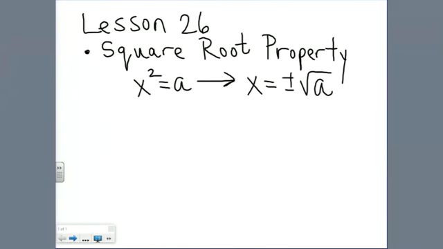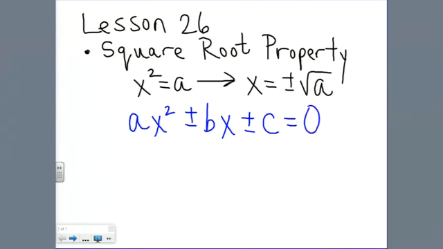Quadratic equation. A quadratic equation is in the form ax squared plus or minus bx plus or minus c, for a constant, equal to 0. So that's by definition what a quadratic equation is.